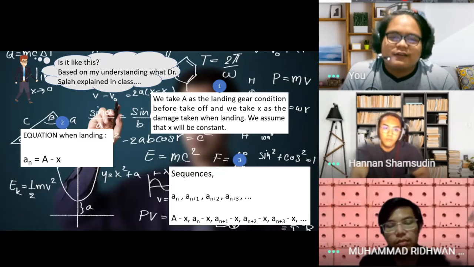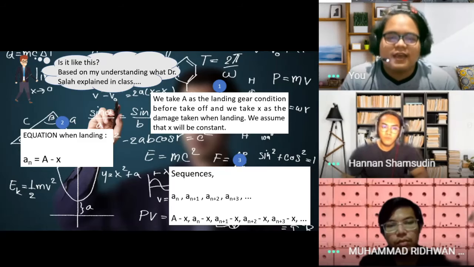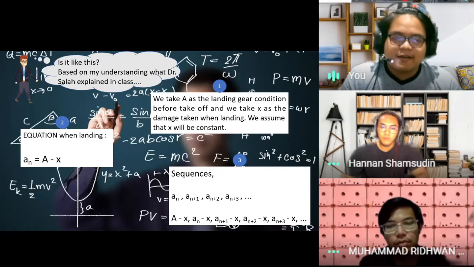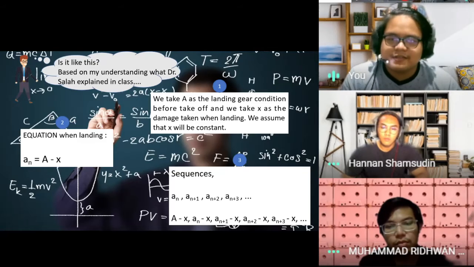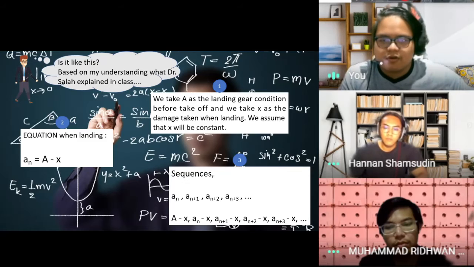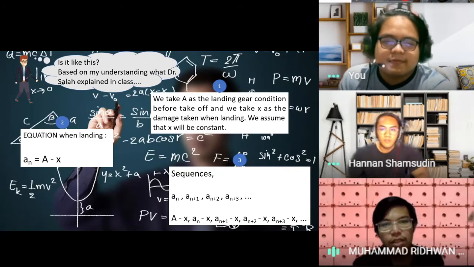So the equation when landing will be a_n = a - x. The sequence will be a_n, a_(n+1), a_(n+2), a_(n+3), and so on, which is the same as a - x, a_n - x, a_(n+1) - x, and so on. Is it right, Ridwan? Yes, it is right.